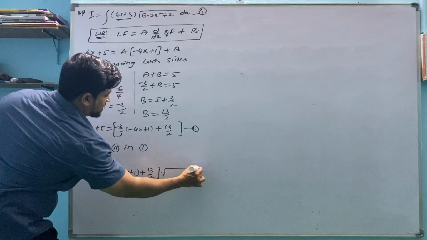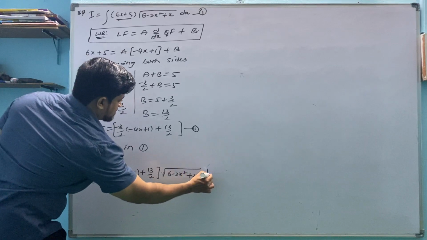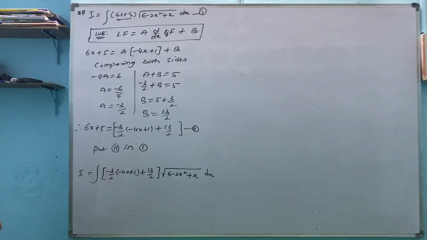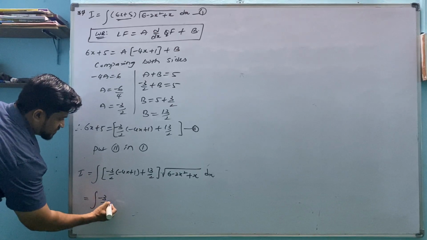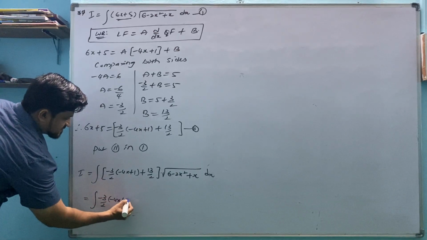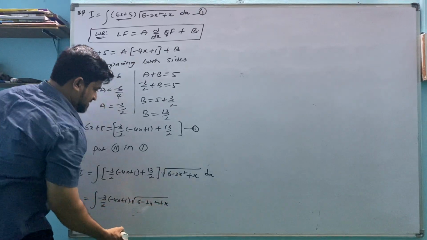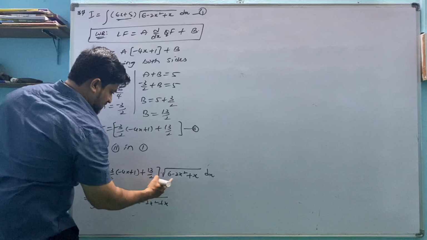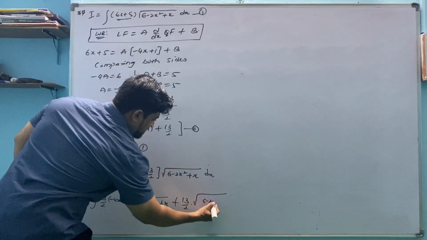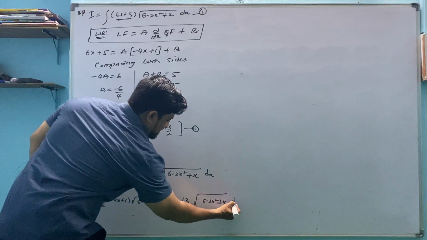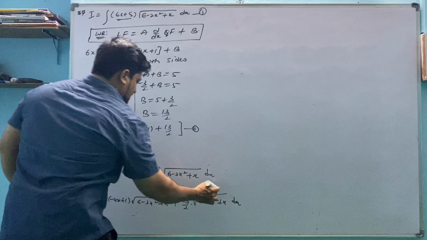Into root over, now first into first. So this is integral of minus 3 by 2 into (minus 4x plus 1) into root over 6 minus 2x square plus x, and 13 by 2 into this, plus 13 by 2 root over 6 minus 2x square plus x, dx whole. So you can consider a square bracket for this.